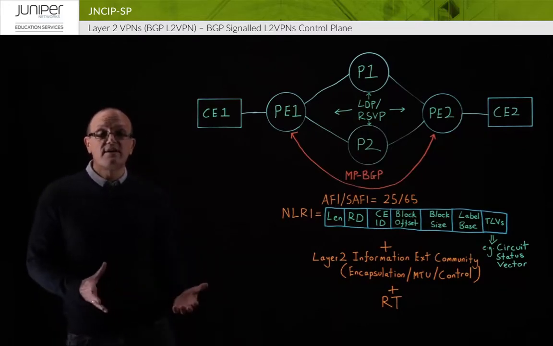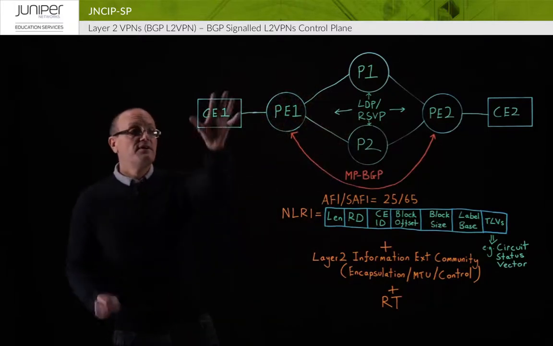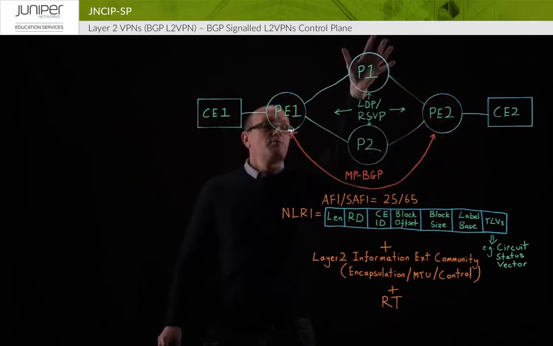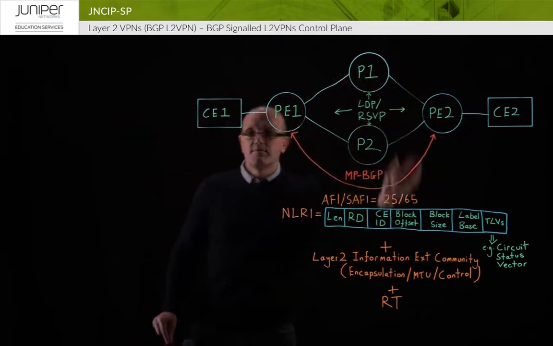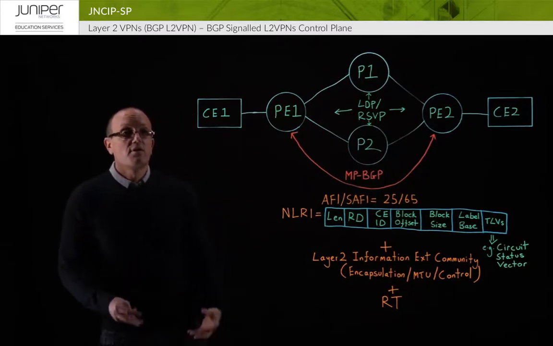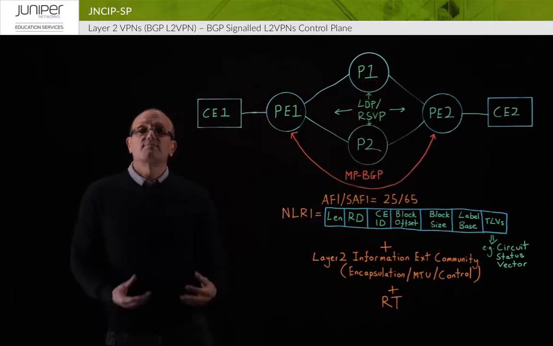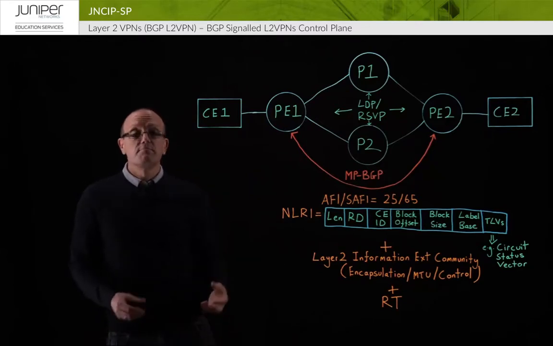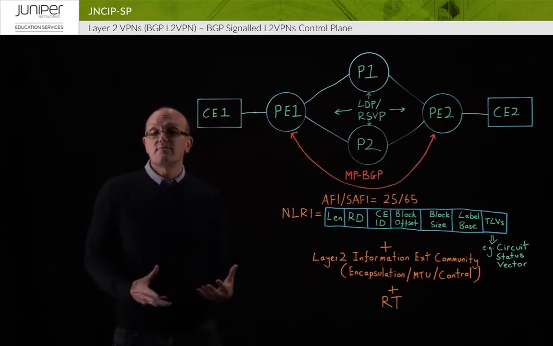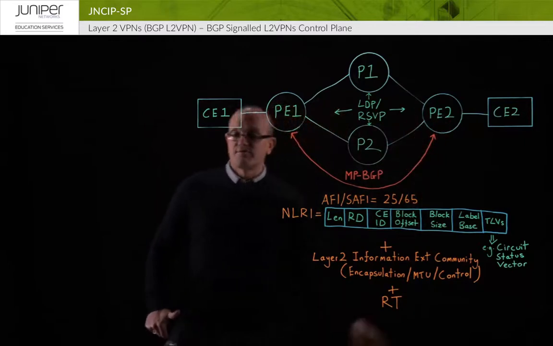So we have an example network outlined on the board. We have our CE devices interconnected to our PEs, which are interconnected via the Ps in the middle. Much like with Layer 3 VPNs, we have LDP or RSVP running in the core of our network providing label switch paths between our PE routers, and these label switch paths are carrying the traffic between our PE routers.